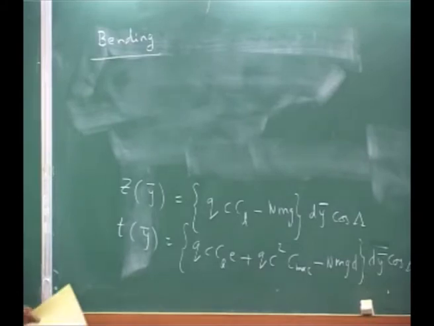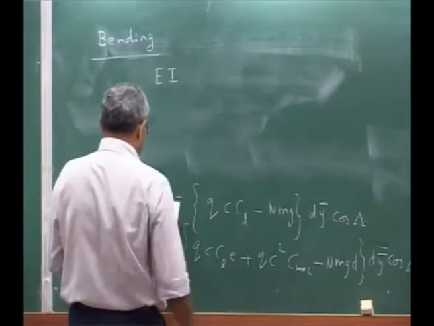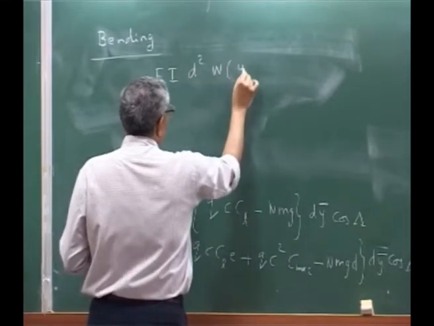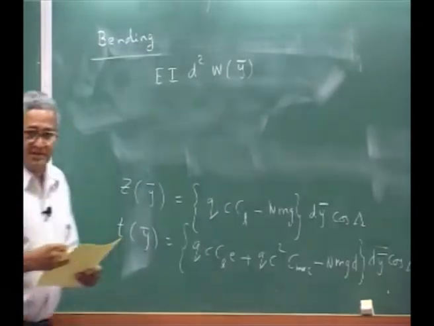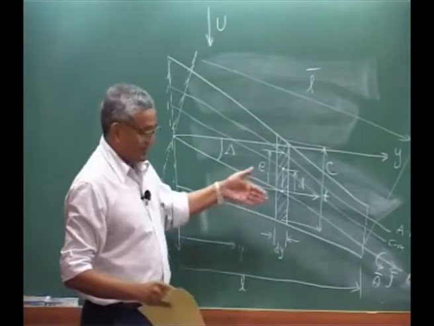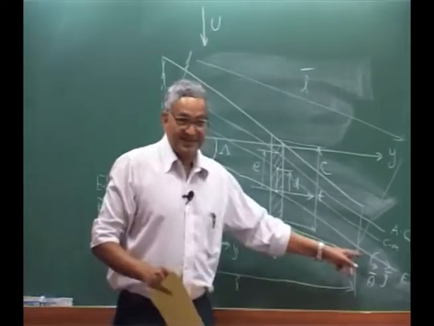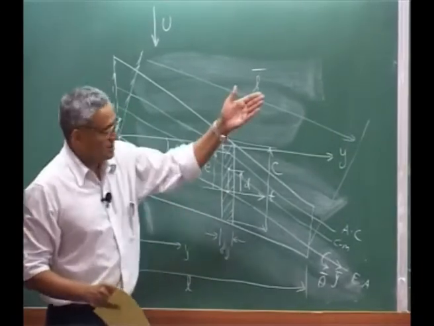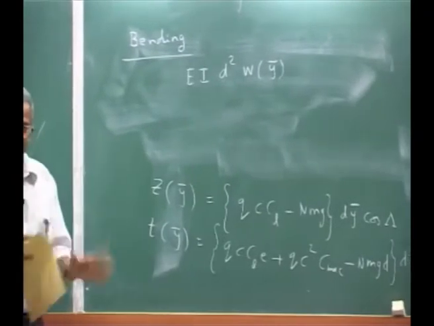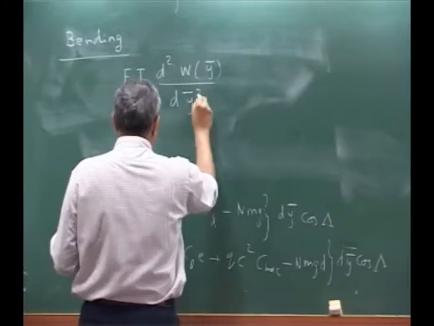We know that the bending moment is EI d square W by d y bar square. Please understand, W is the normal, or I would say the bending displacement of the beam along the elastic axis. I am not putting a bar, I am just taking it as W. If you want to put a bar, you can put a bar.